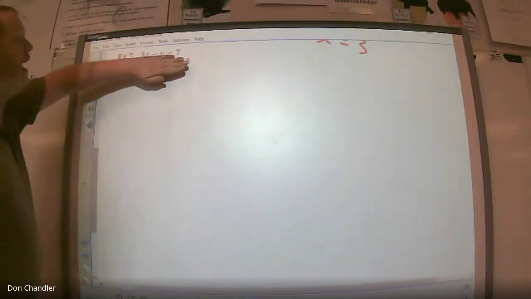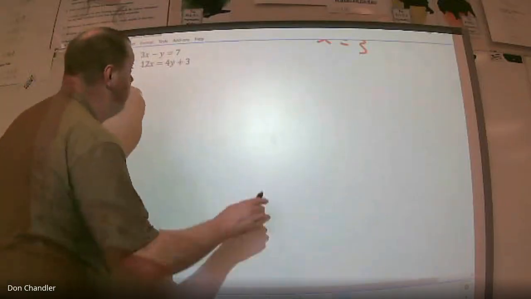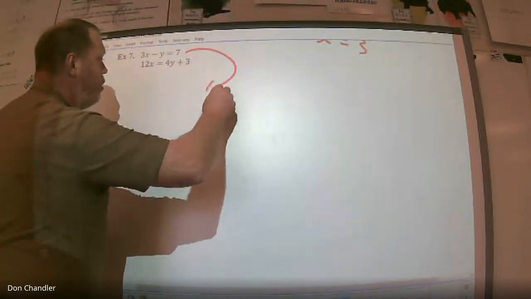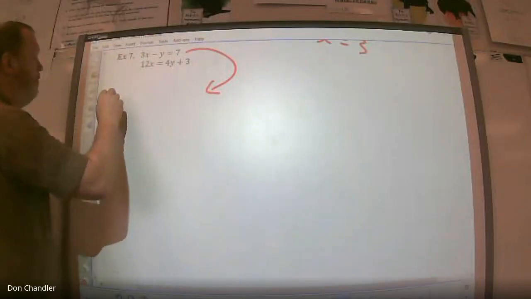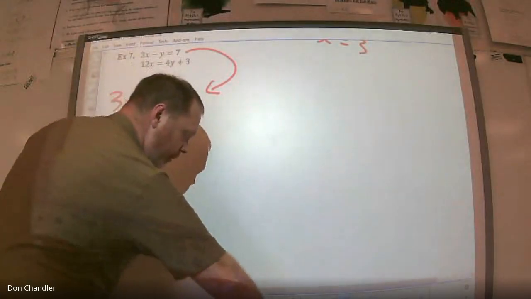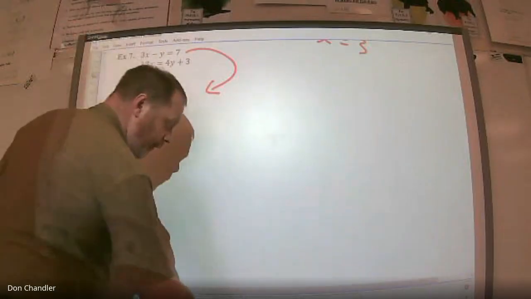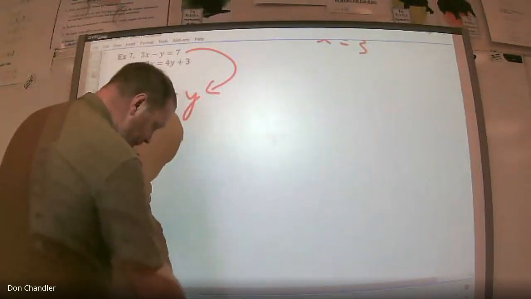Notice how equation 1 has a singular y. As far as I'm concerned, I think that equation 1 moves the y to the right and the 7 back. My apologies, I was about to write the equation again. As far as I'm concerned, negative 7 is equal to y.